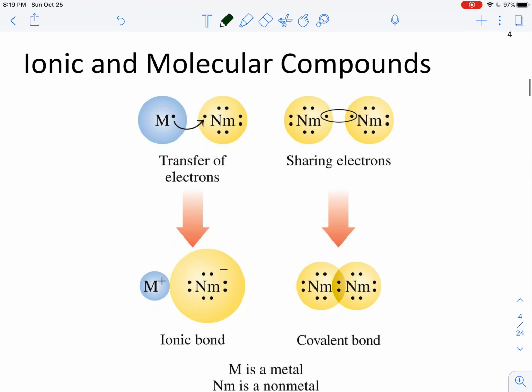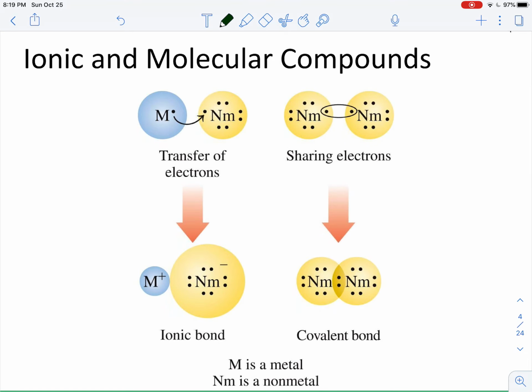Okay, so again, just the fundamental difference between ionic and molecular compounds. Ionic involves a transfer of electrons, and the bond itself, there's like nothing actually connecting the two ions together. It's just the fact that one is positive and one is negative, and they're attracted to each other.